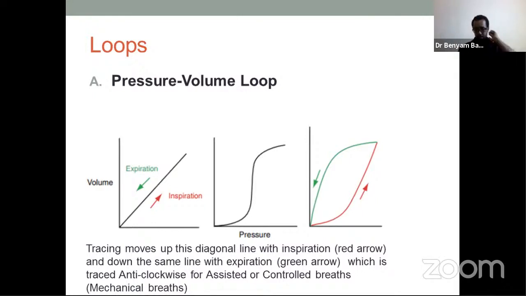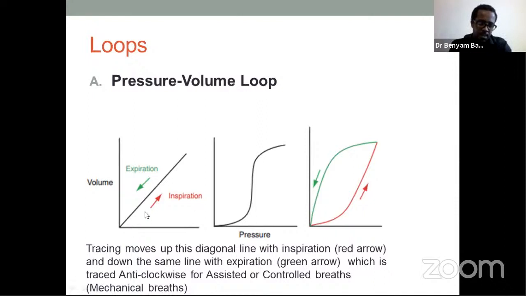So we'll be able to assess certain points based on visually inspecting the loop. Usually when we see the loops, there is inspiration and expiration. In the pressure volume loop, if the patient is getting an assisted or controlled breath, the inspiratory phase is usually anti-clockwise.